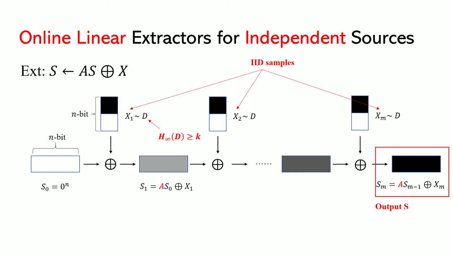In other words, even if the input distribution is adversarial, as long as it satisfies the min-entropy requirement and the samples are independent, then online linear extractors can accumulate entropy from this distribution. And finally, A is an n by n matrix which corresponds to a linear transformation over F2.